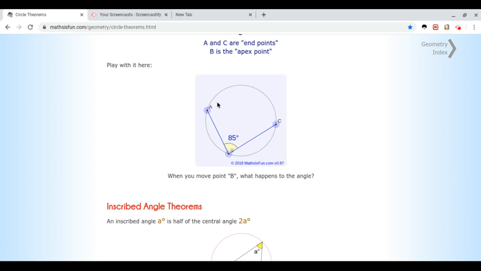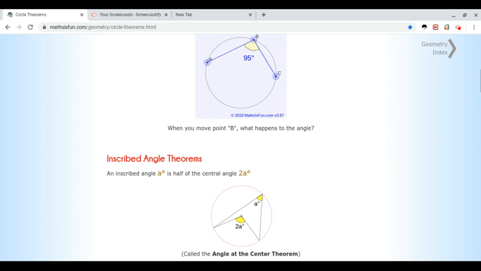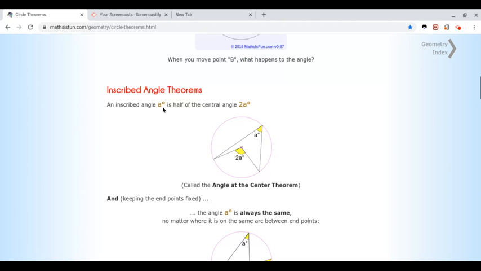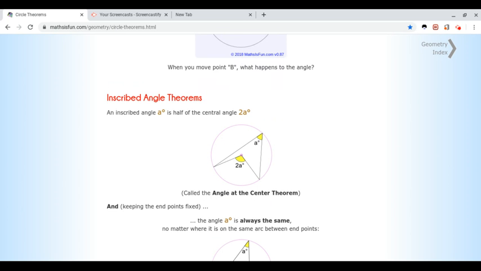No matter where I move this angle, you do notice that the arc never changes, right? The arc here doesn't get bigger, doesn't get smaller. That's something pretty cool. It's just an observation that I'm looking at right now. Here we have this theorem that explains what just happened. The inscribed angle theorem says that an inscribed angle A is half of the central angle 2A.